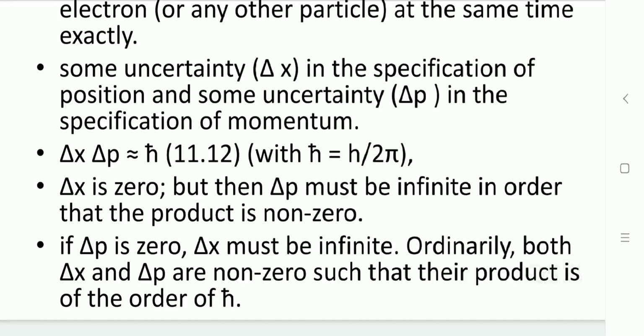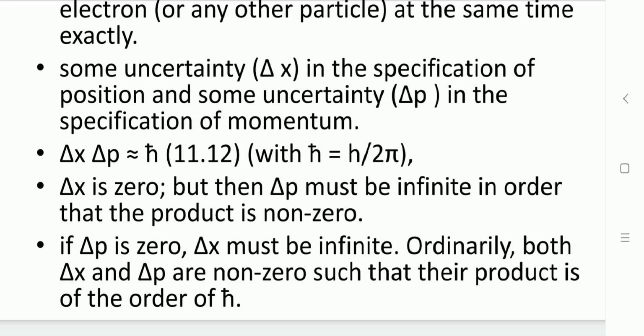If delta x is 0, and we want the product to be non-zero, then delta p must be infinite. Then the product value h bar is a non-zero value.